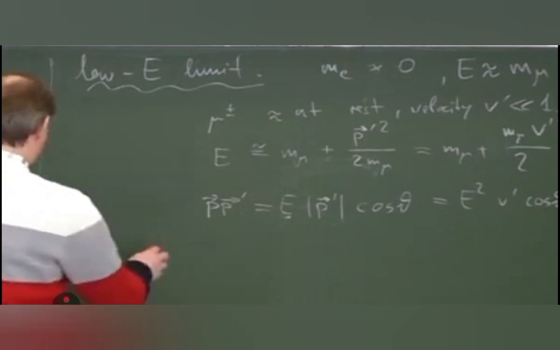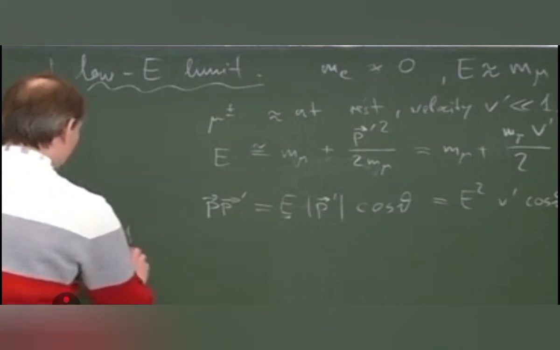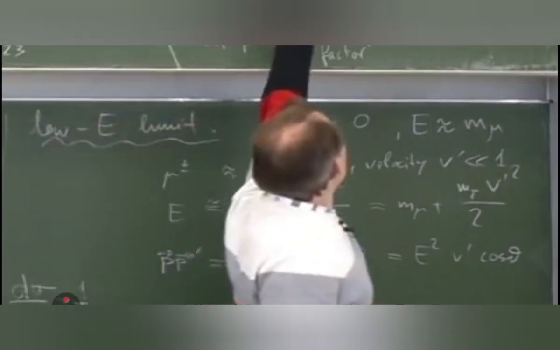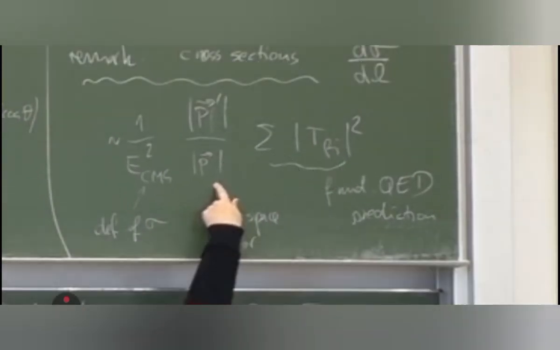And then we obtain the following. D sigma by d omega is, so now, 1 over E square times that phase space factor P prime over P. P prime over P, what is this?